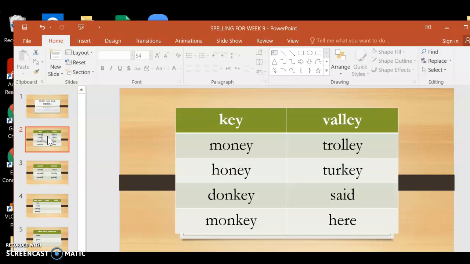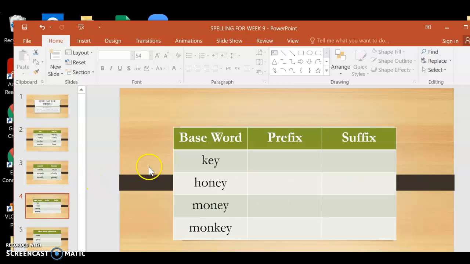We'll go back to our EY. Key, money, honey, donkey, monkey, valley, trolley, turkey. Now let's go and have a look at our base words and see if we can add a prefix or a suffix to make a new word.